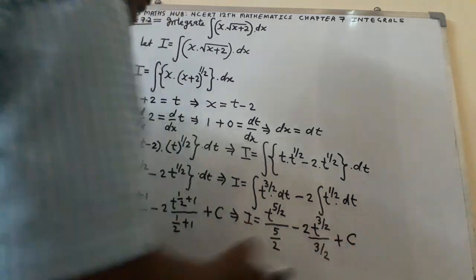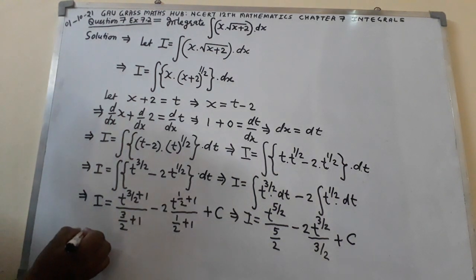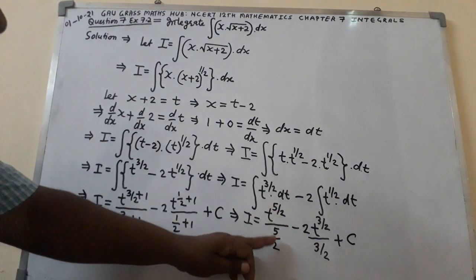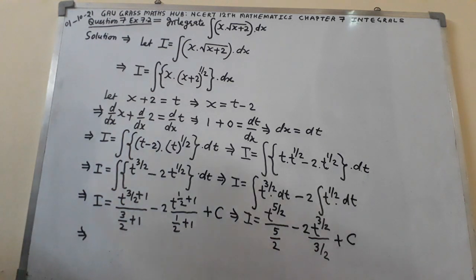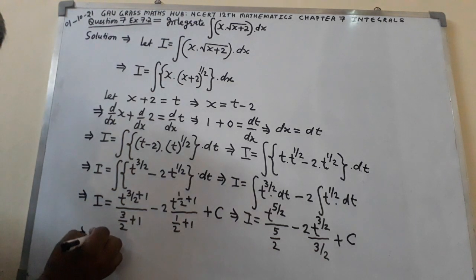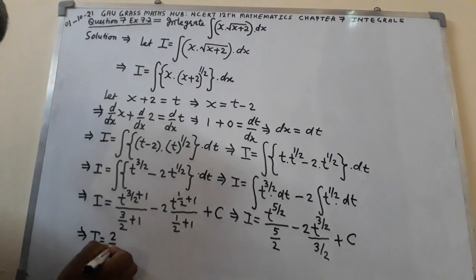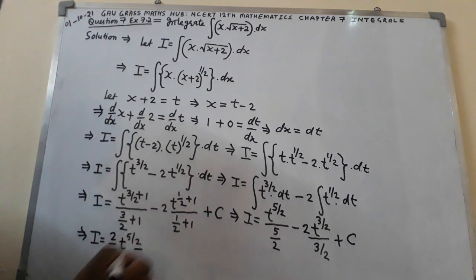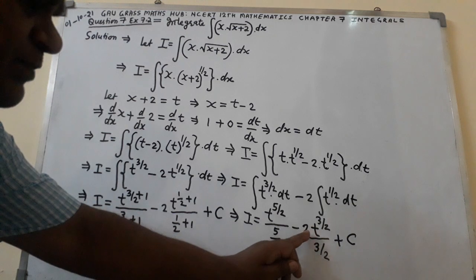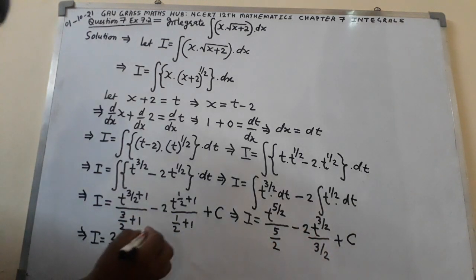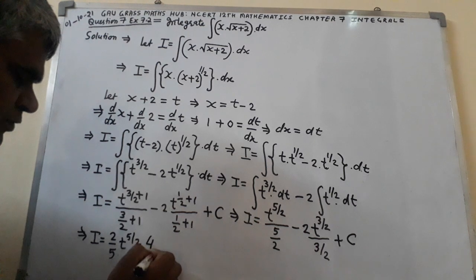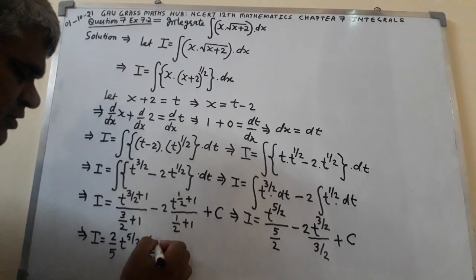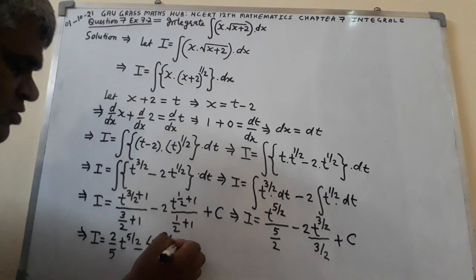Again it comes out to be, implied that here you will get 5 over 2 in the denominator. On solution it comes out to be I equal to 2 over 5 t raised to the power 5 over 2 minus, here 2 will multiply to this 2 and comes out to be 4 over 3, t raised to the power 3 over 2 plus c.